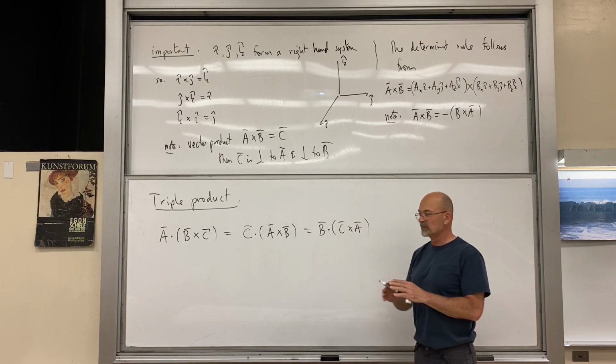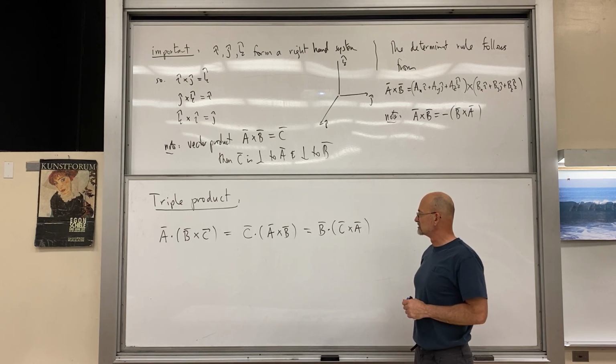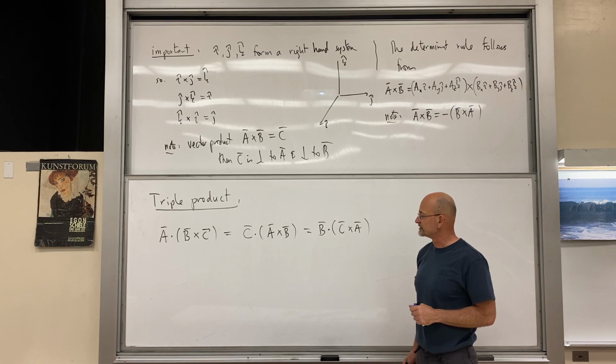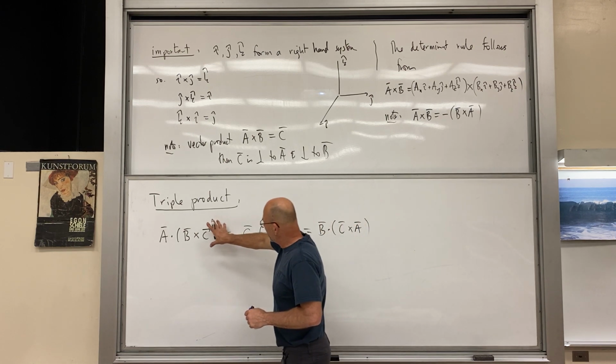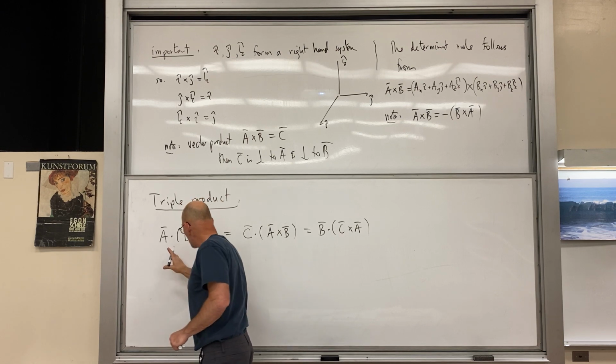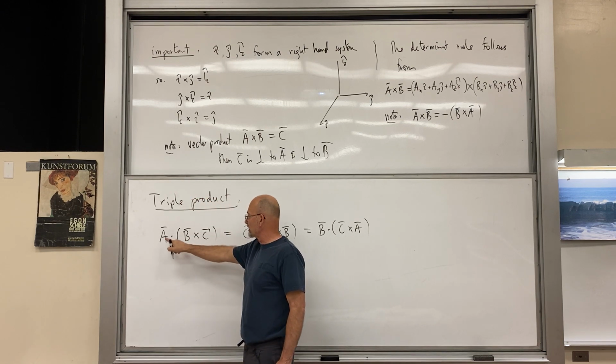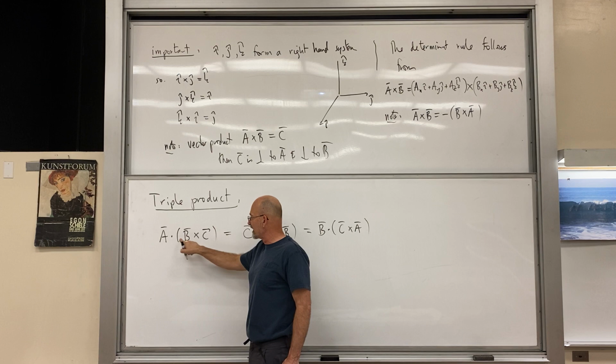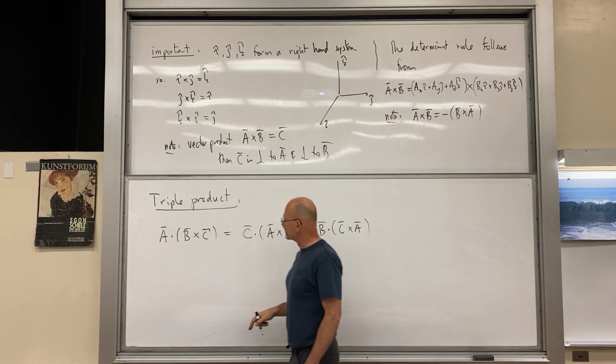That's just a lot of multiplications. This expression gives the volume of the parallelepiped that is spanned by these three vectors right there.